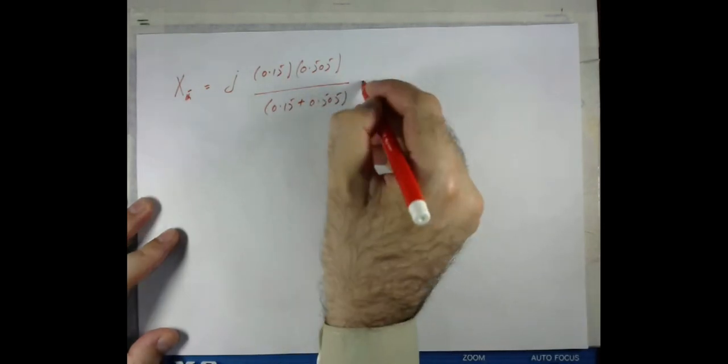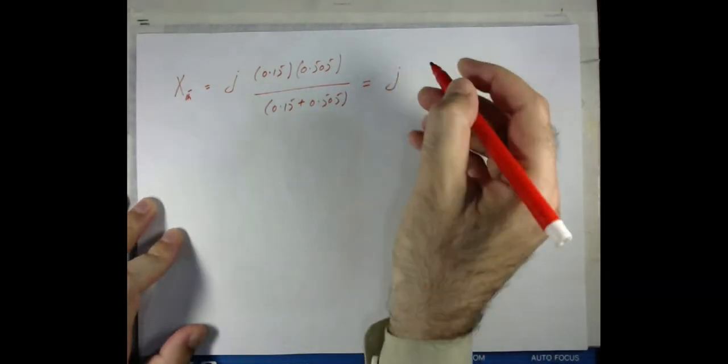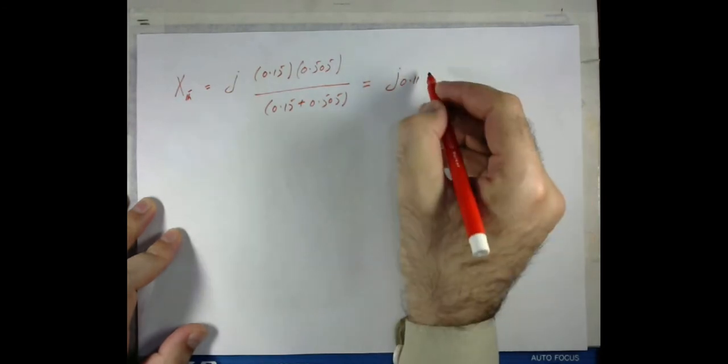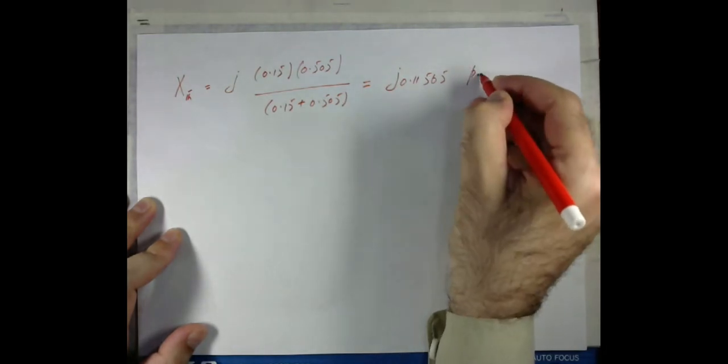So the Thevenin equivalent reactance will be equal to J 0.11565 per unit.